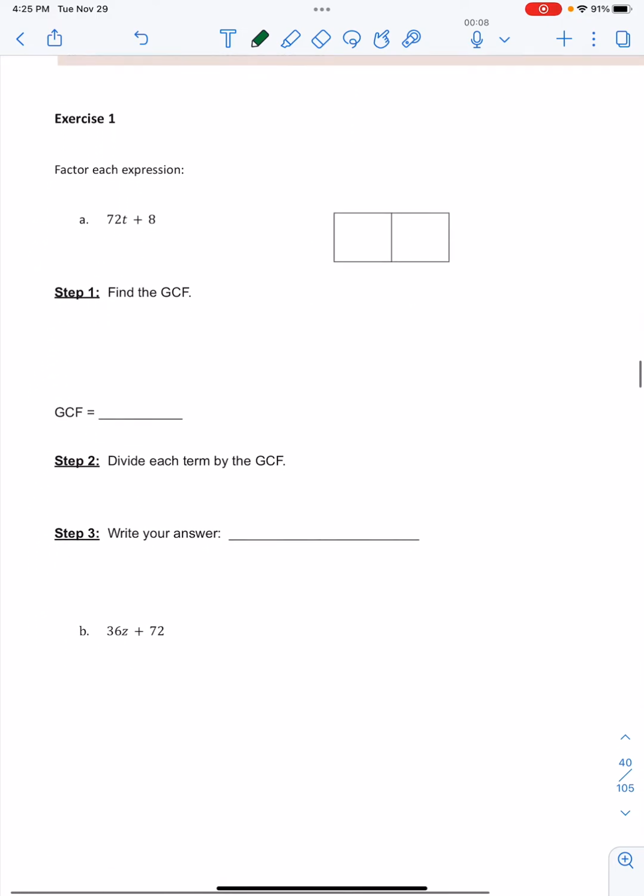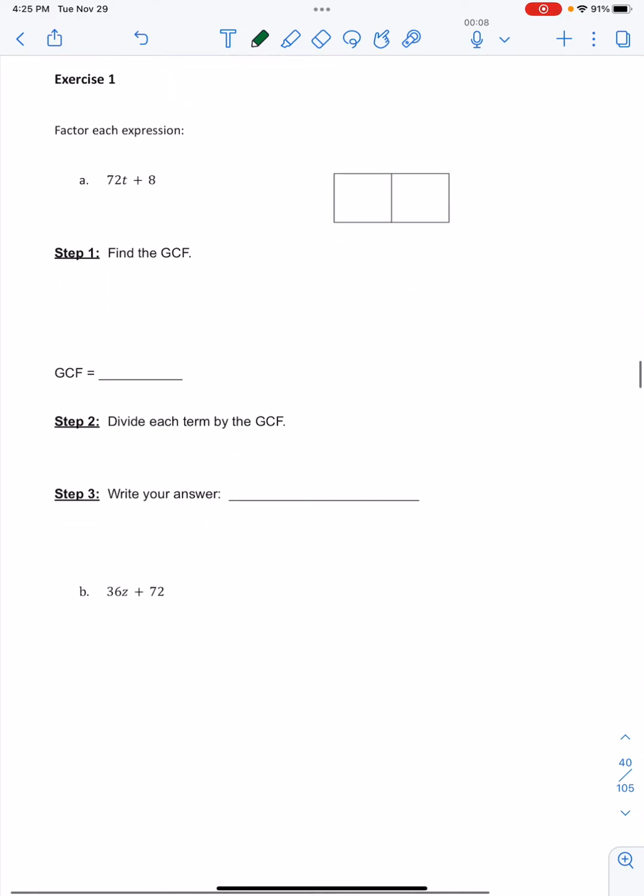Now exercise 1 says factor each expression. So for A, we're going to find the greatest common factor between 72 and 8.